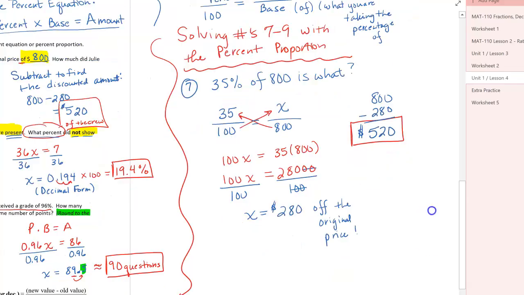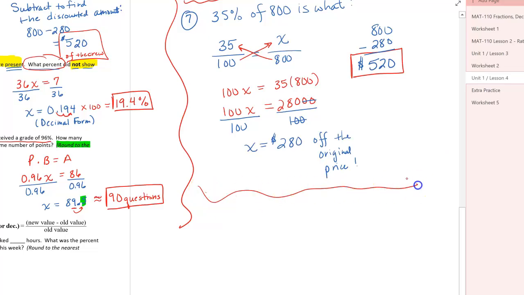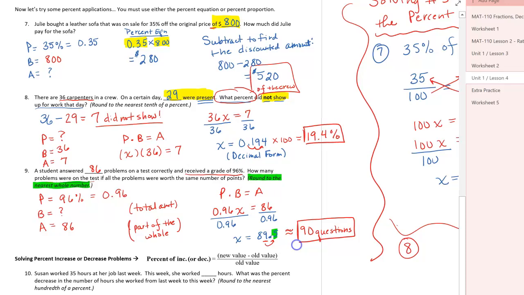All right, example 8 is a little tricky because they give us one thing and ask us for another. There are 36 carpenters in a crew. On a certain day, 29 were present. What percentage did not show up for work that day?